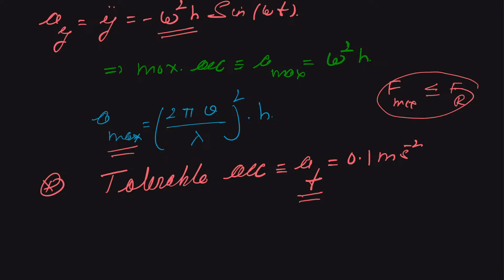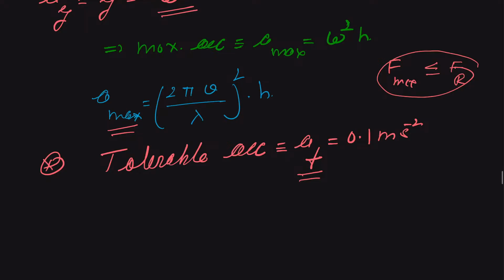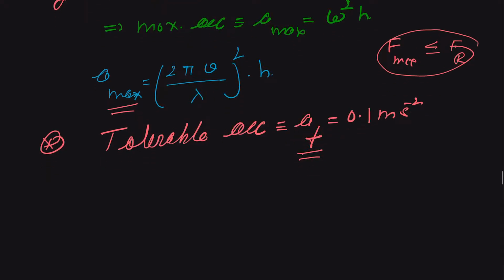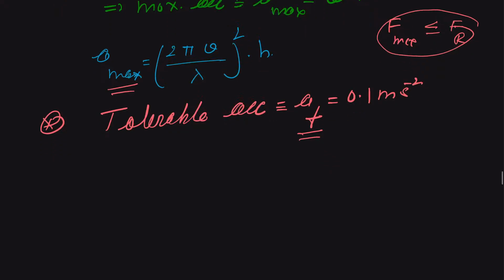Okay. And for that we make a comparison now between the maximum acceleration as well as the tolerable acceleration, and we know that the maximum acceleration should be less than or equal to the tolerable acceleration, and the same kind of comparison we make with respect to the friction also.